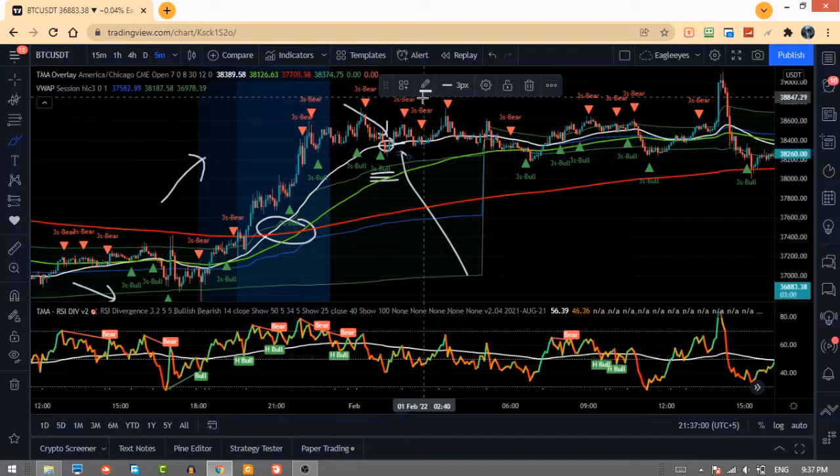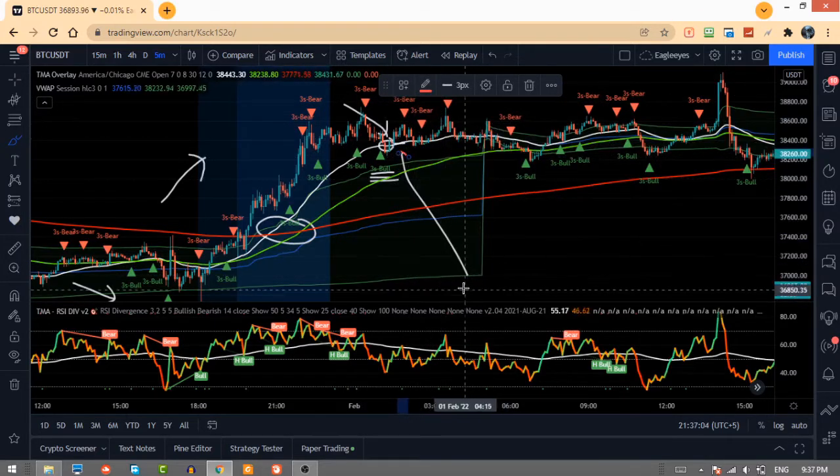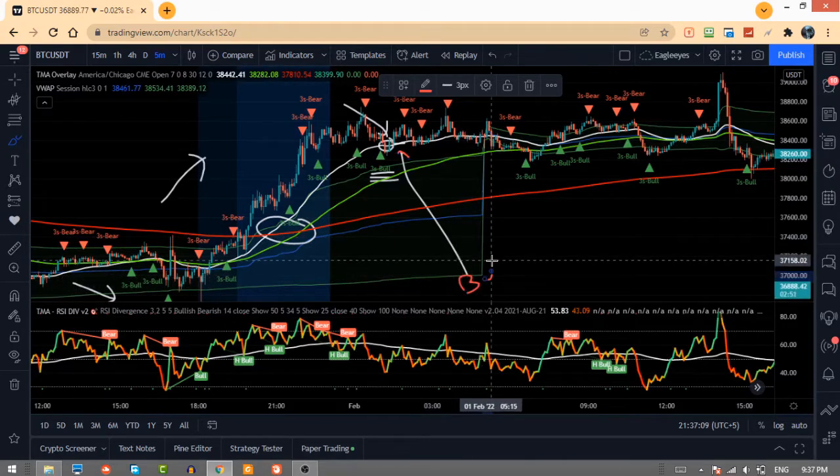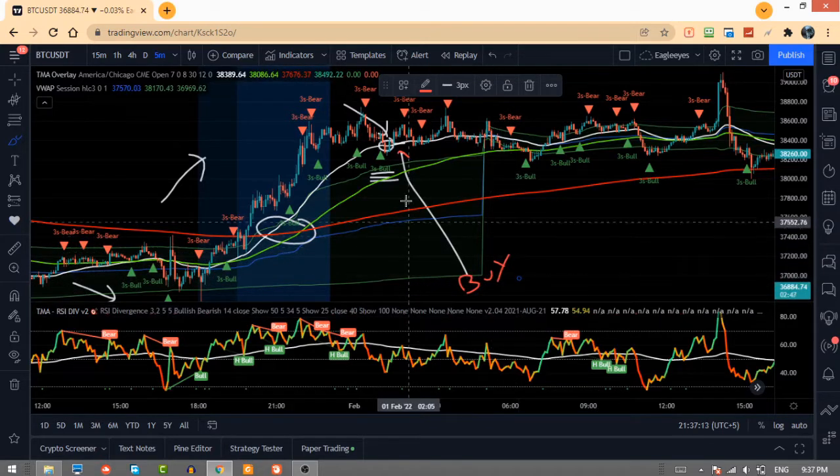Here is our first long position entry, and another thing that you need to note is that we will not take any early positions.